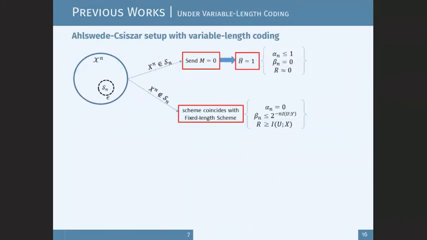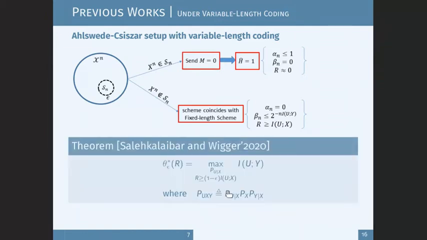So what happens under variable length coding? Well, Salehkalaibar and Wigger were able recently to apply variable length coding to the Ahlswede-Csiszár setup. What happens actually is that when they look into the whole alphabet of the X^n observation, they choose any subset called S_n such that the probability that the observation X^n lies in it is equal to epsilon.